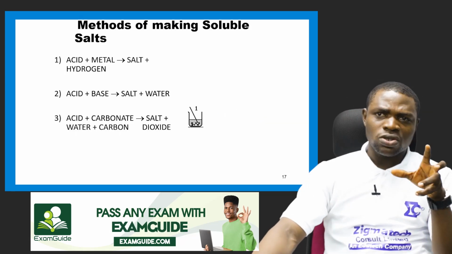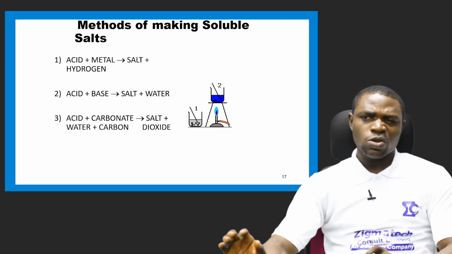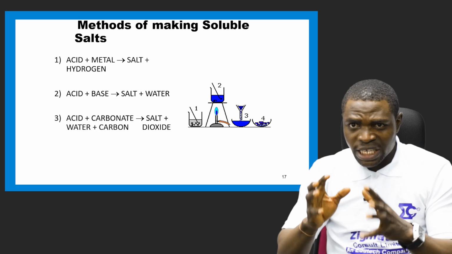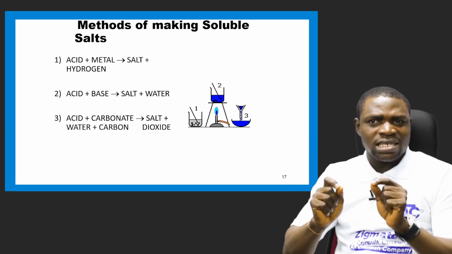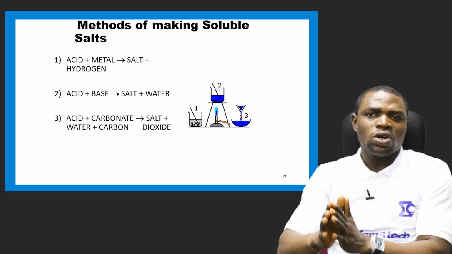Now there are methods of making soluble salt. I'm going to teach you methods of making soluble salt. Please look at what I'm about to say. When acid and metal react together, they form salt and hydrogen.